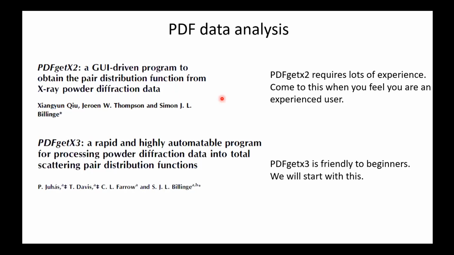So at a certain stage, when you feel you are very confident about PDF processing, you know every detail of all the steps, you know what you are doing, and you're confident about all the sample information you have, then PDFgetx2 is probably the software you want to use, because it provides a lot of tailored functions that you can specify according to your own will. So this is probably software for a later stage.